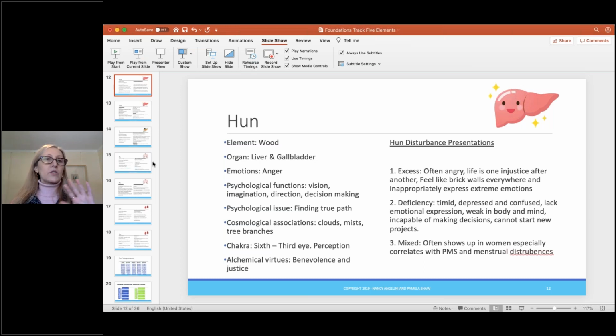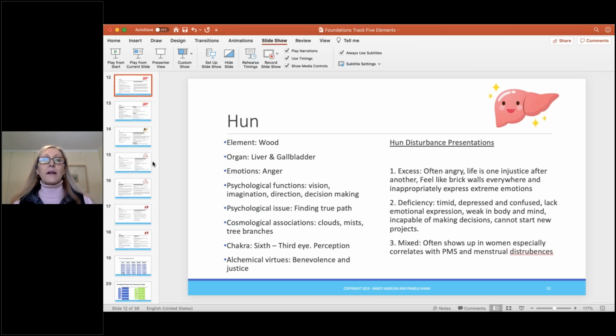And again, as part of this review: wood, liver and gallbladder, emotion, anger. A psychological function is vision, imagination, decision making, right? Like, oh, I got to make a decision. I read an incredible scientific study done by Harvard University in exercise physiology that basically said that it takes an enormous amount of energy to make decisions.